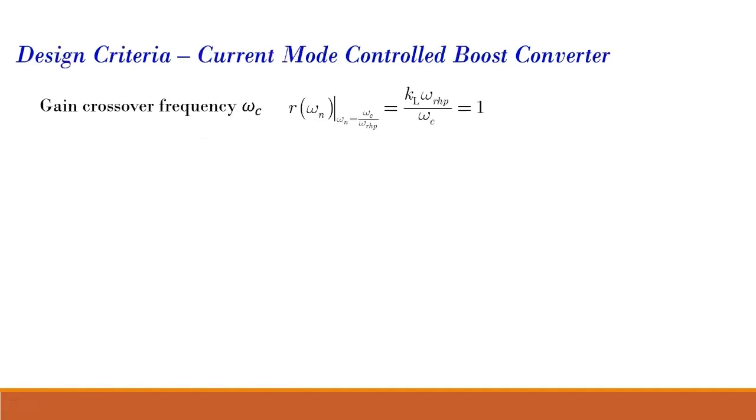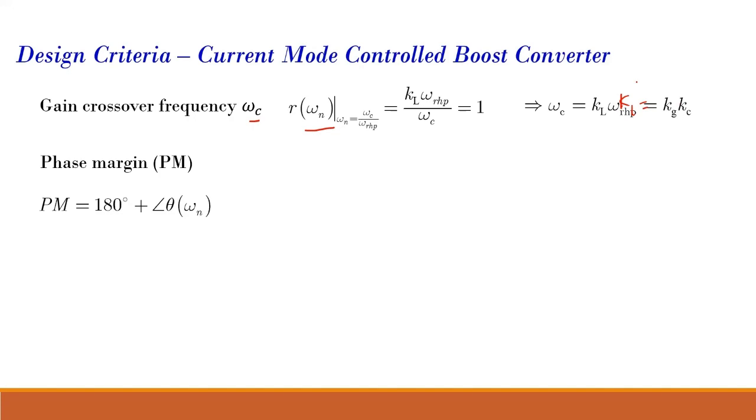At the gain crossover frequency, omega c, this value is 1. So from that, we will get the value of KL. Once we get the value of KL, we also have the phase margin given by this format. So there are two options.